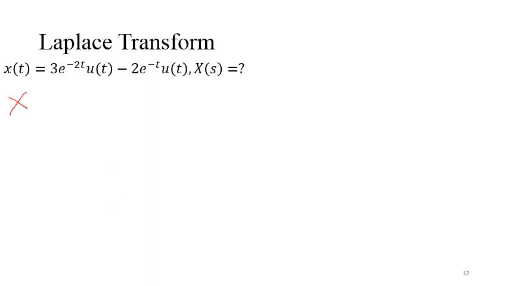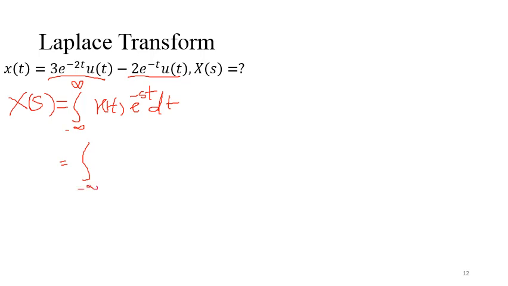So X of s equals the integration from minus infinity up to infinity of x of t e to the power minus st dt, right? Because it consists of two exponential signals, let's apply it on the individual terms, right?